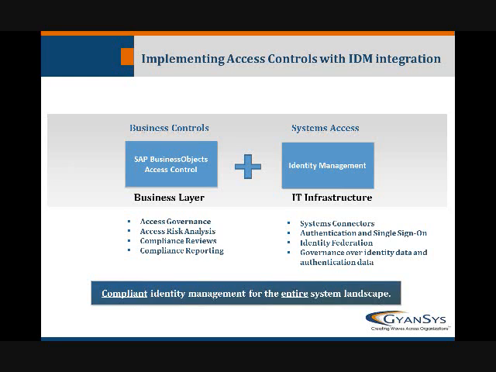As access control covers business controls and IDM covers system-related controls, by having this combination, like GRC, access governance, access risk analysis, and compliance reporting, all the three components, and IDM offers system-related controls and single sign-on. By having this combination, we can go towards a compliant identity manager for the entire system landscape, GRC, SAP, or non-SAP system landscape.